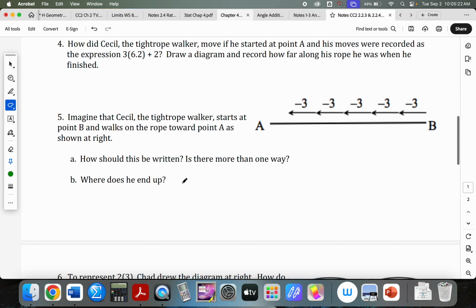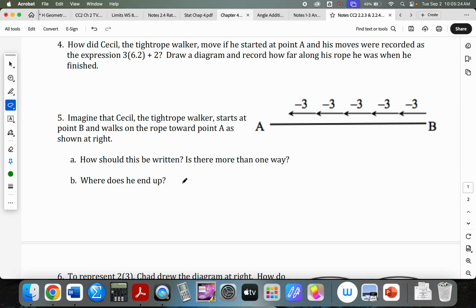So for the next one, how did Cecil, the tightrope walker, move if he started at point A and his moves were recorded as the expression 3 times 6.2 plus 2? Okay. So we draw a diagram for this.